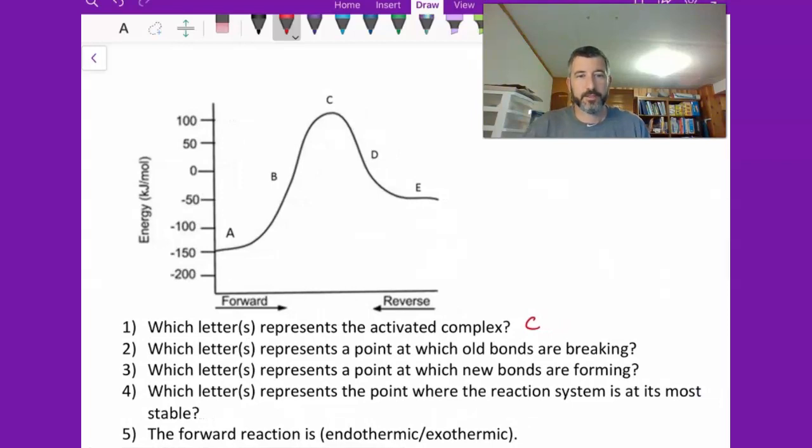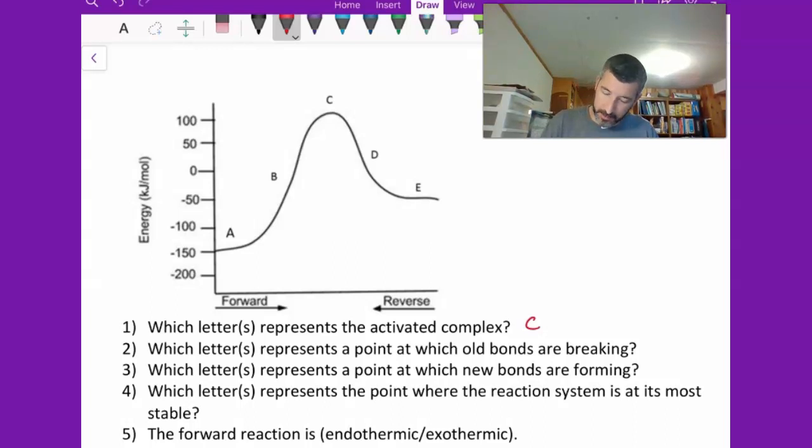Which letter or letters represents a point at which old bonds are breaking? I'll give you a hint here. It's actually 2 points. So what 2 points would you say old bonds are breaking? Okay, so it's not A. A is just the reactants.